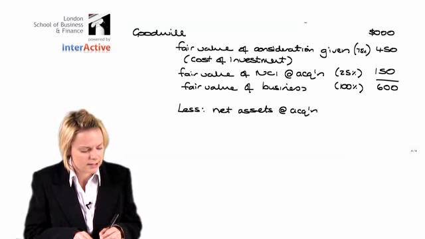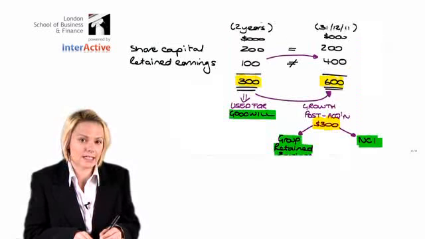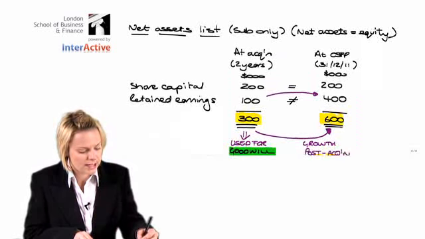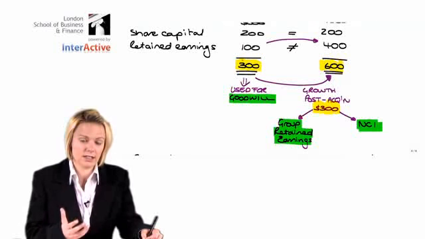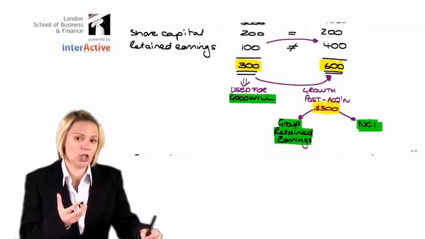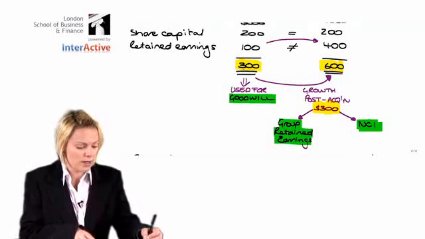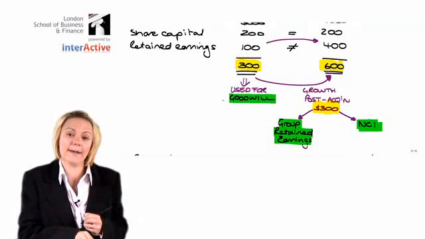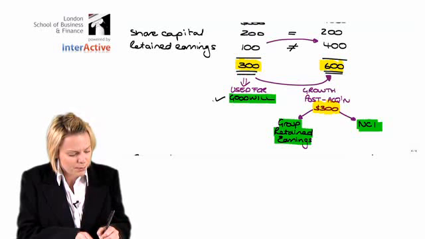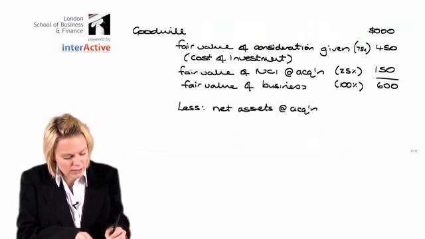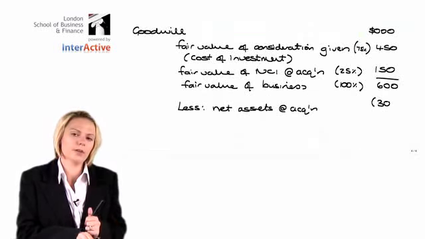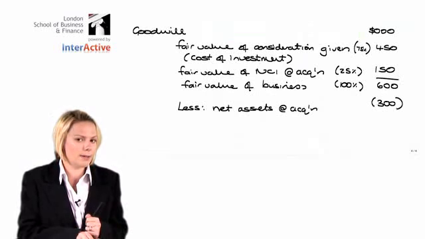And we got that from our net assets list. The 300,000 is the value of the things in the subsidiary at acquisition. And we're going to use that for goodwill. So I'm going to tick that off there. Because it's at this point that I'm going to minus 300 from the fair value of the business.